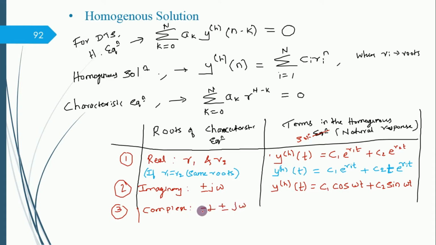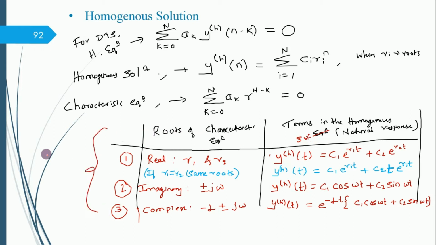You can take it as plus as well, you can take it as minus as well. Why am I taking it as minus? Because here it will help you to write the general form. yh of t, the homogeneous solution, is equal to e raised to minus alpha t into the bracket C1 cos omega t plus C2 sin omega t. So this is the solution for the given homogeneous solution or characteristic equation.